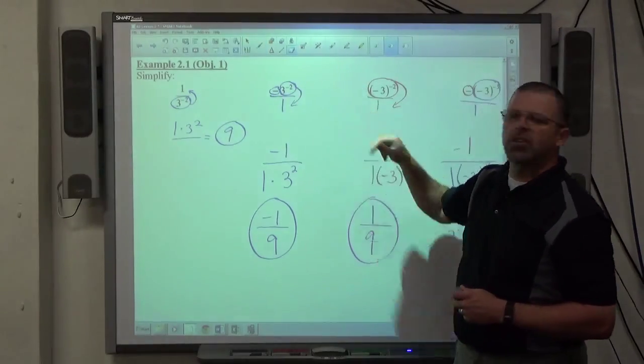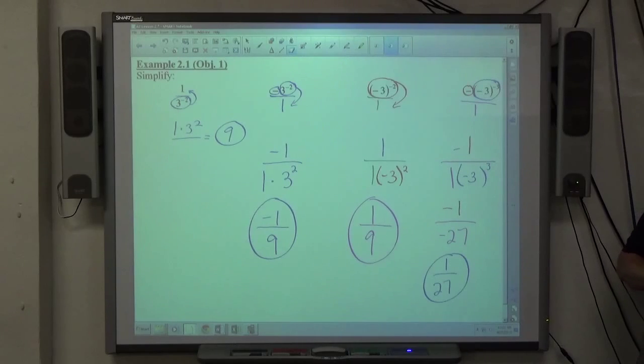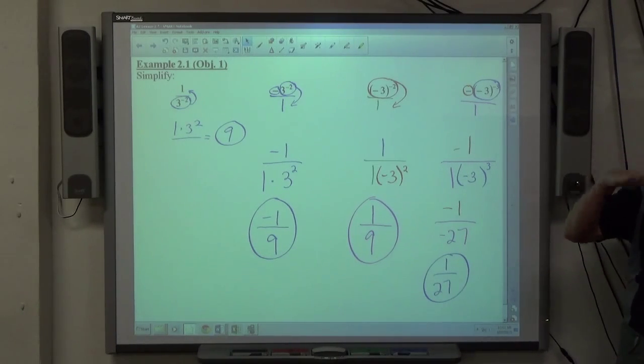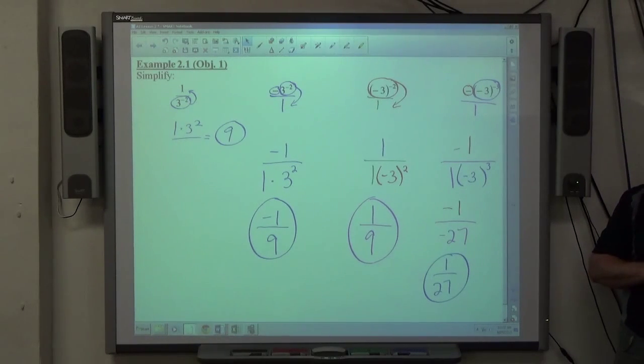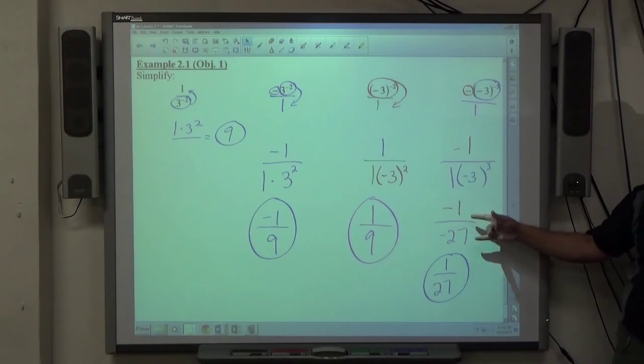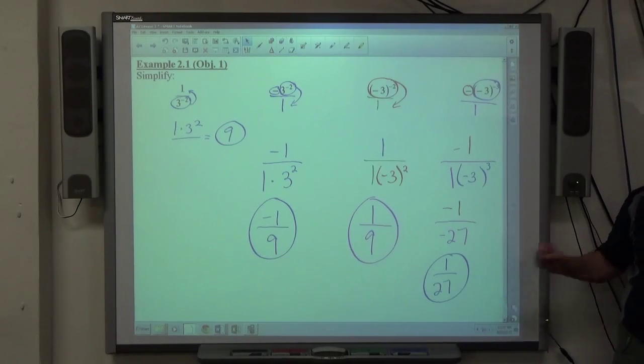Don't do the minus minus as a plus until you've done the powers. The minus minus as a plus is a multiplication rule. Order of operations says powers happen before multiplication. All right, so make sure that you're careful with that. You deal with the minus minus situation after you've evaluated all the powers and you're down to multiplication or division only, that's when you deal with it.